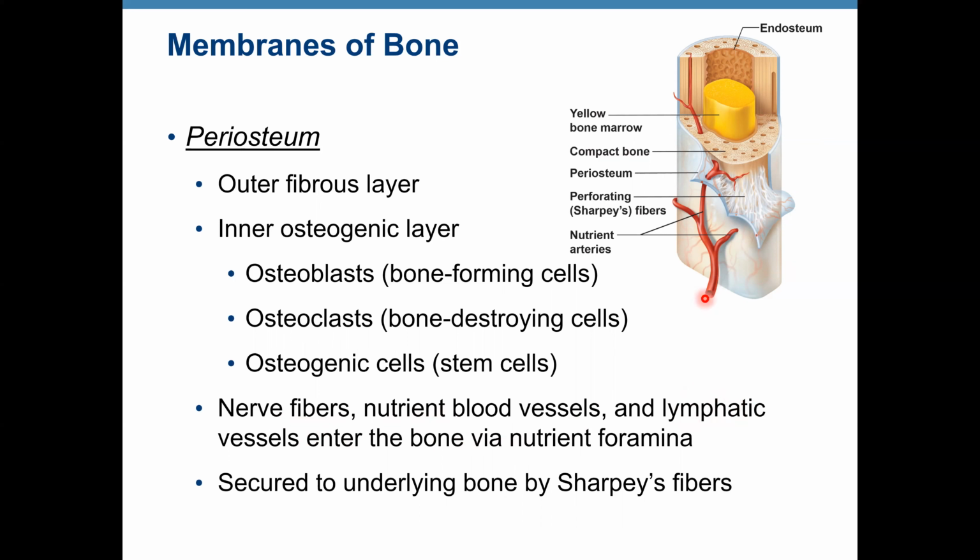Right, so you can see here the nutrient artery, and it enters the bone through an opening, a hole, called a nutrient foramen. Now this periosteum is attached to the bone surface by fibers that are called Sharpey's fibers.